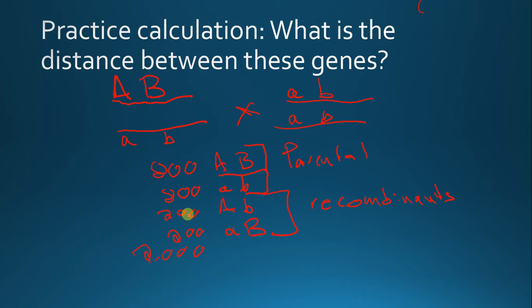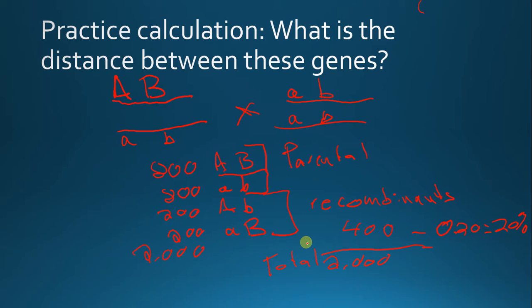So we're going to look at the number of recombinants. In total we have 2,000. And the recombinants here we have 400. Okay? So we have 400 divided by 2,000. And that is going to equal 0.20 or 20%.